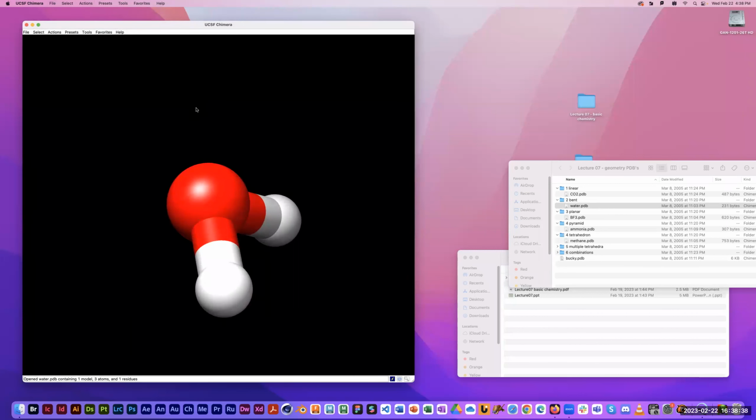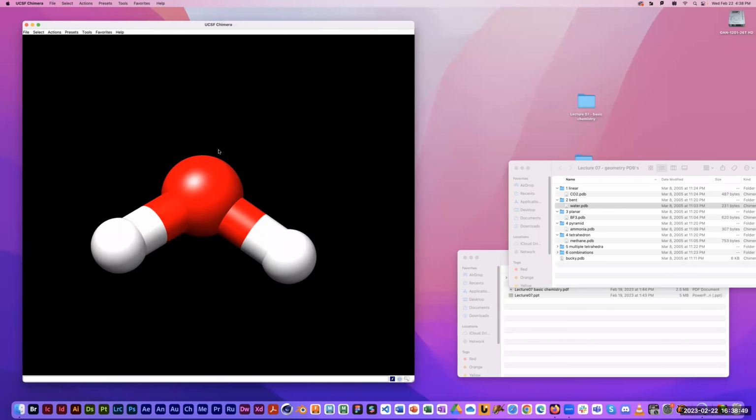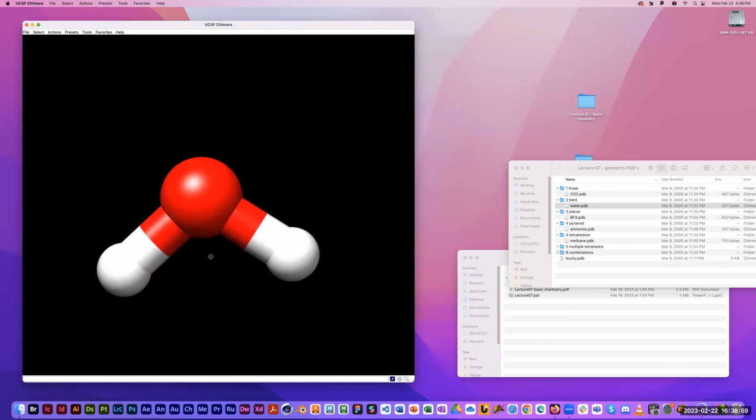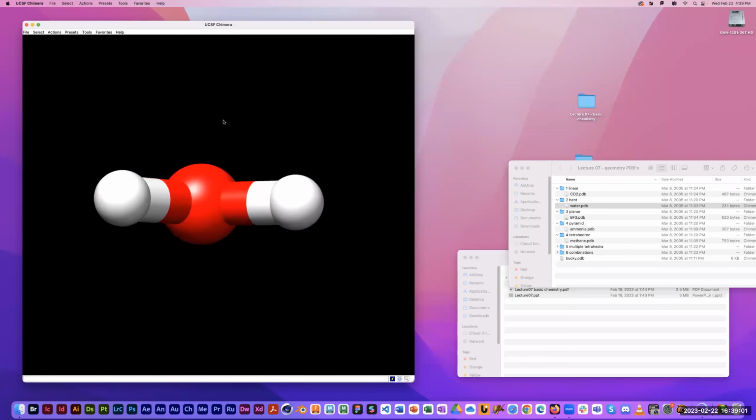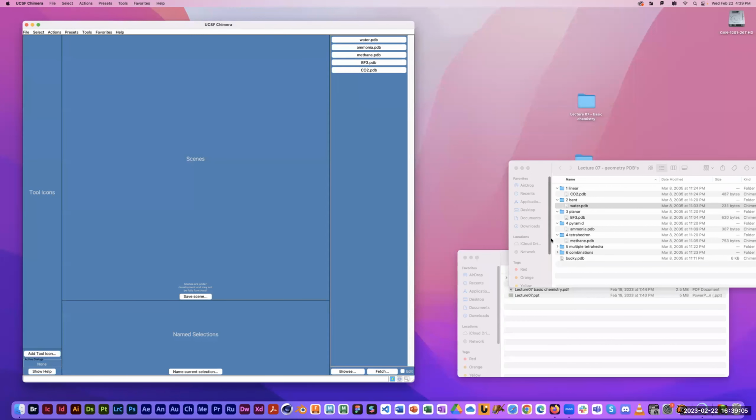So you've got 2 lone pairs of electrons on that central oxygen that are behaving almost as if they are the other 2 arms of the tetrahedron. But those lone pairs are pushing these bonding pairs closer to one another. So there's a little bit smaller angle here of about 104 degrees between those two bonds. So that's your classic bent configuration of a water molecule.